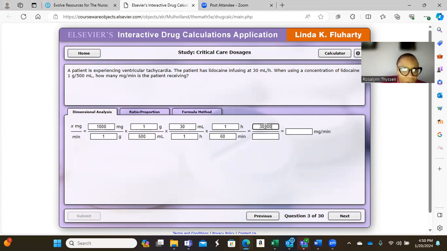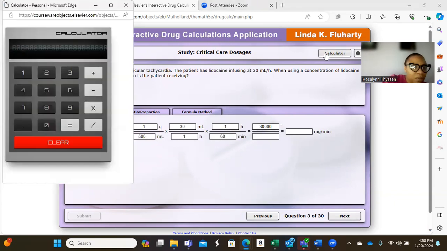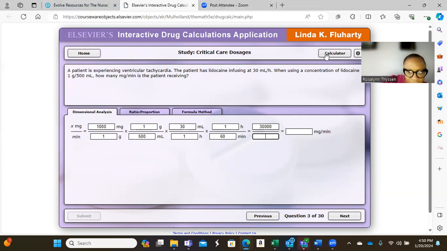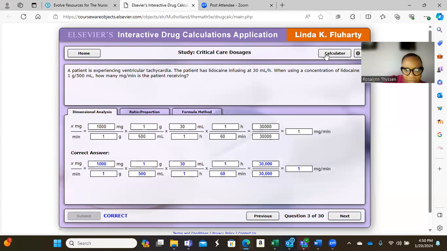And then 1 times 500 times 1 times 60, 500 times 60, that's 30,000. So 30,000 divided by 30,000 should be 1 milligram per minute, if I did my math right.